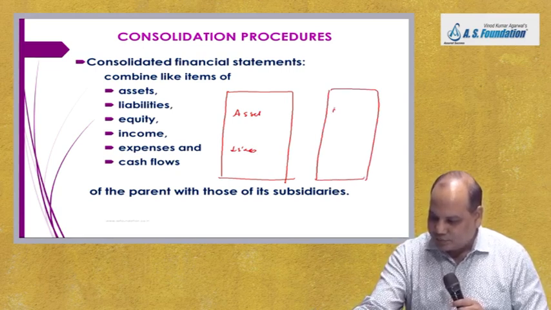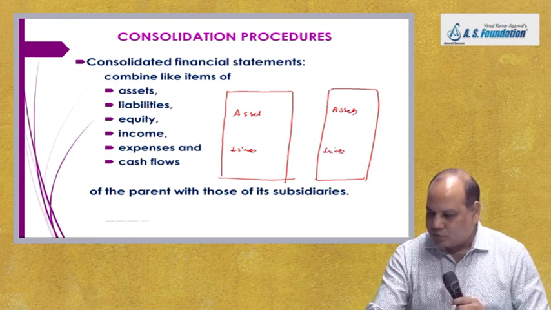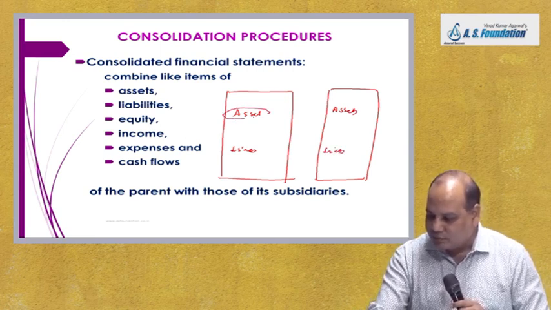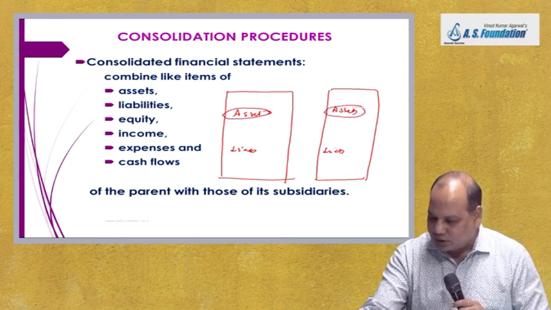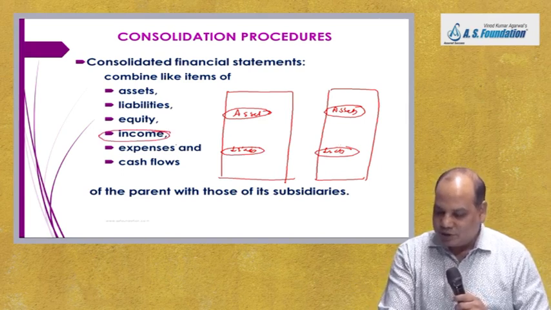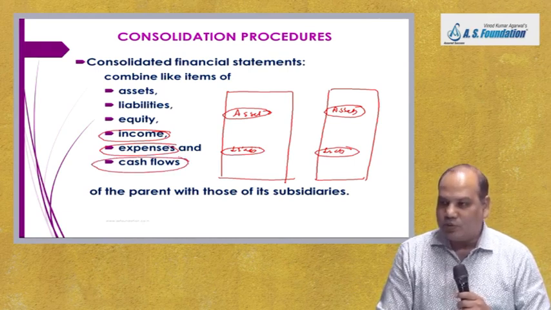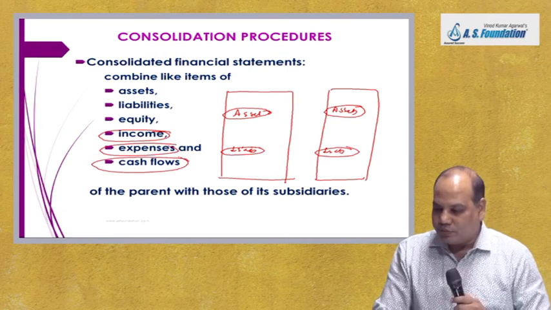This is the SOFP. So basically you have to add assets with assets, liabilities with liabilities, income with income, expense with expense and cash flow with cash flow. Of course, certain adjustments would be made.